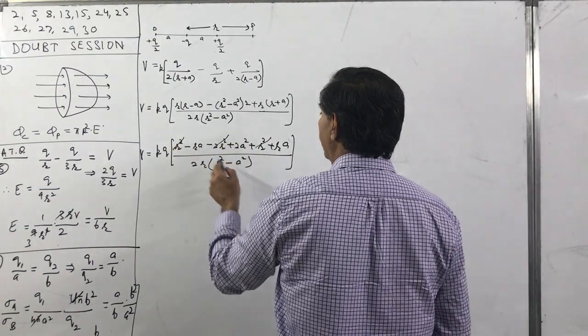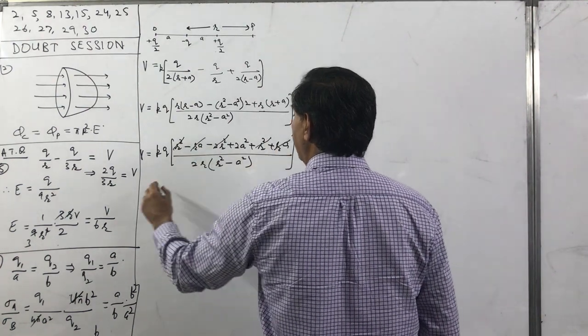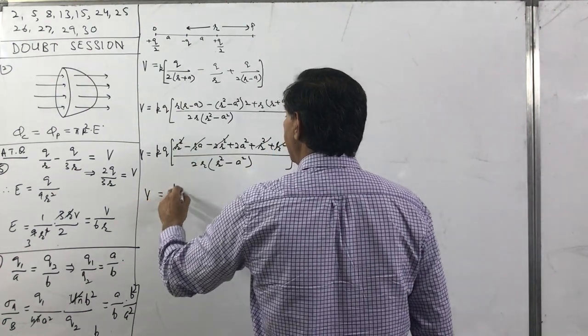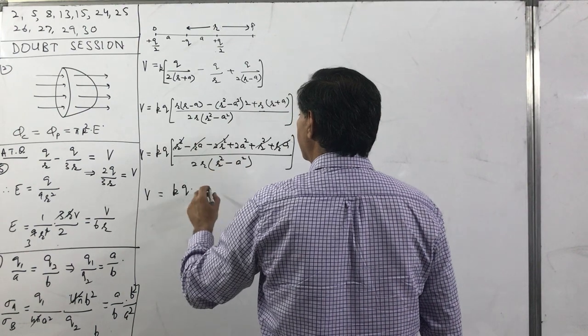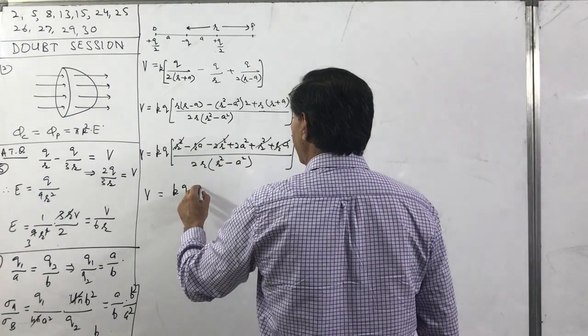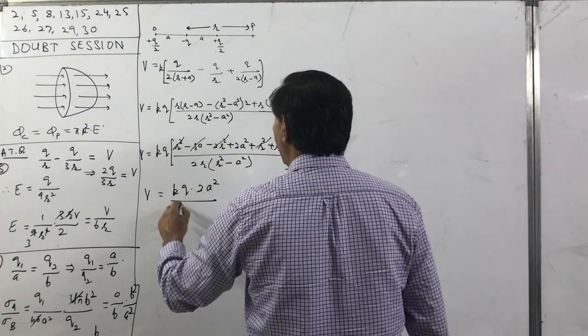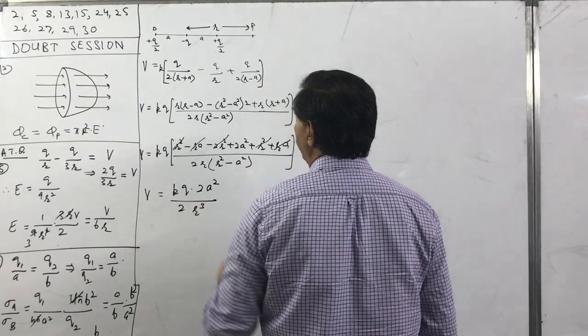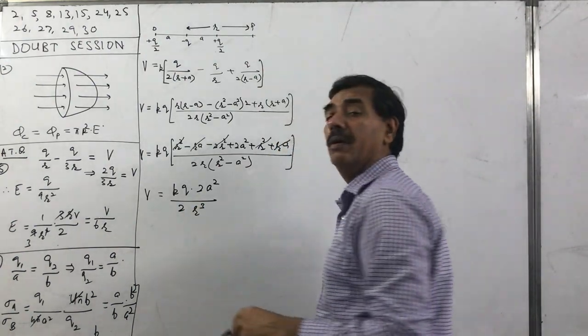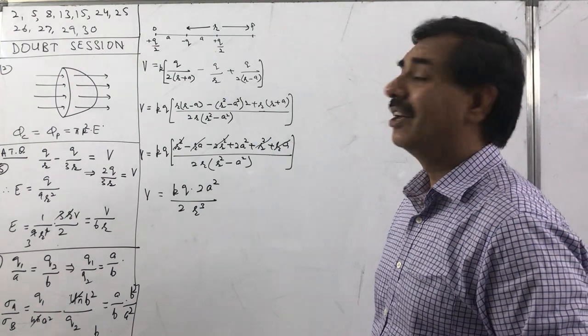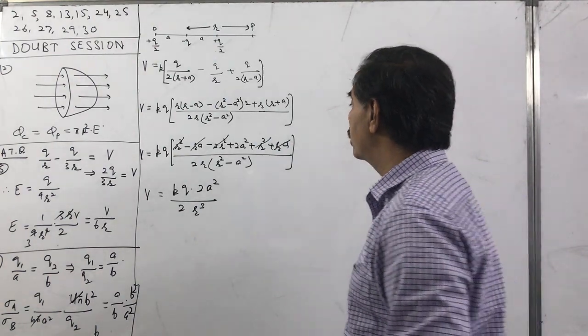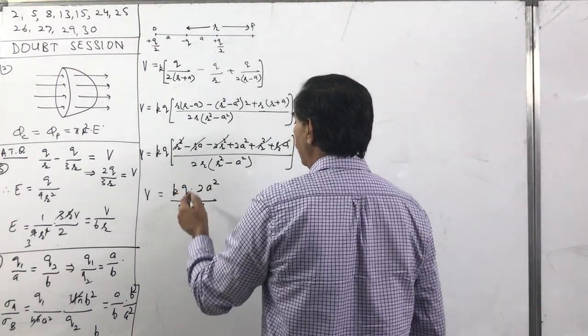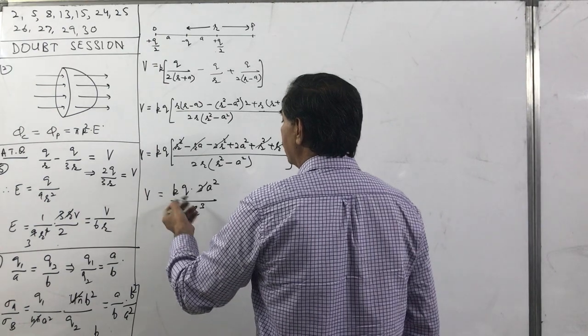This is minus 2R square, and minus RA goes with plus RA, and we have KQ times 2A square over 2R cubed. For R very much larger than A, we have R square minus A square as simply R square over R cube again, and the result is KQ.